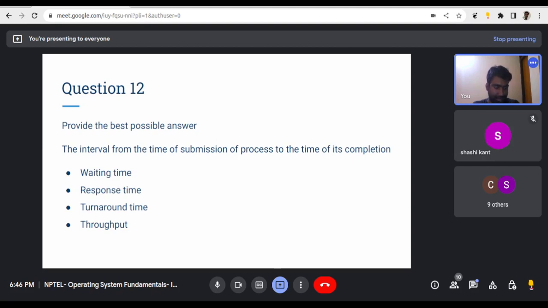I'm waiting for answers. Anyone would like to contribute? Throughput, okay. The interval refers to the time from submission of the process to the time of its completion. So what is it called? C, okay.